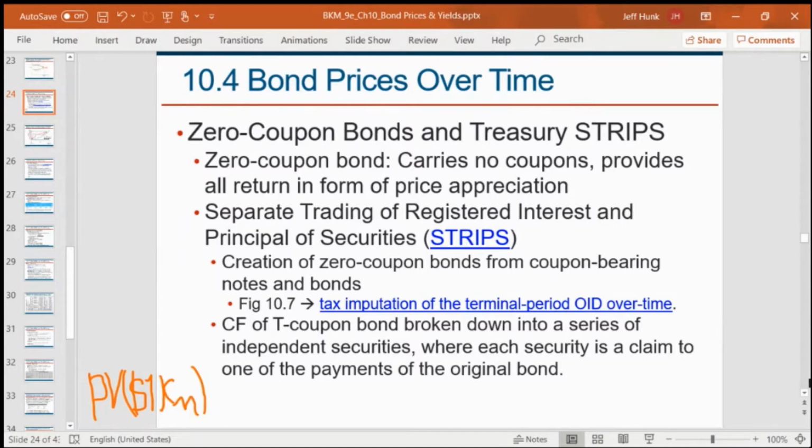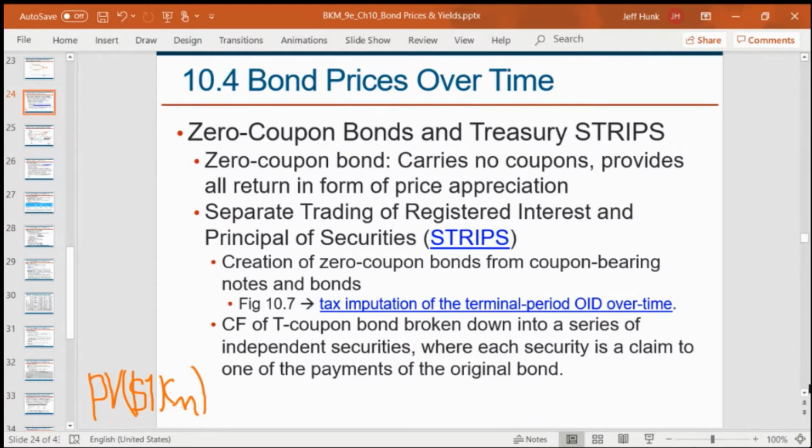Suppose you sell this zero coupon bond STRIP, then there is a tax implication. If you don't sell anything, then there is no tax implication, but there is a tax imputation over time of the OID.